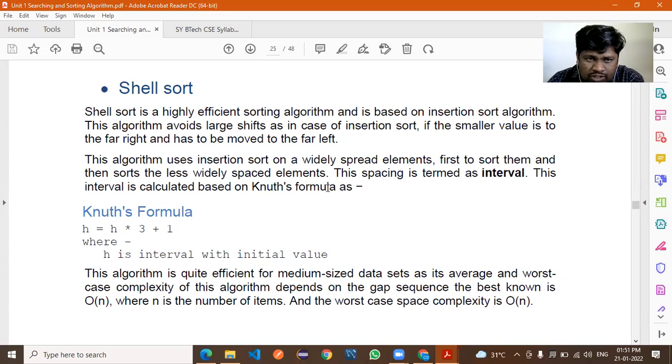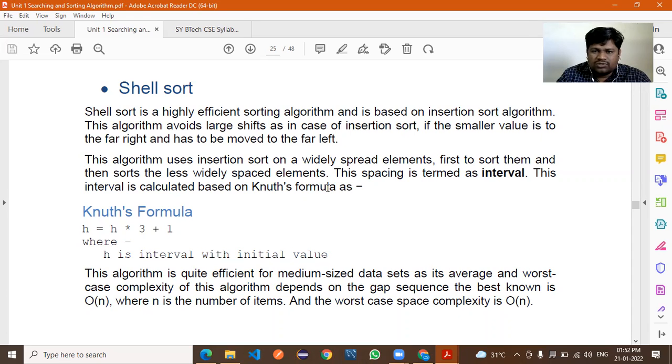This shell sort is based on the insertion sort, right? So this is a part of the insertion sort. This algorithm avoids the large shift as in the case of insertion sort, where a smaller value is at the far right and has to be moved to the far left.